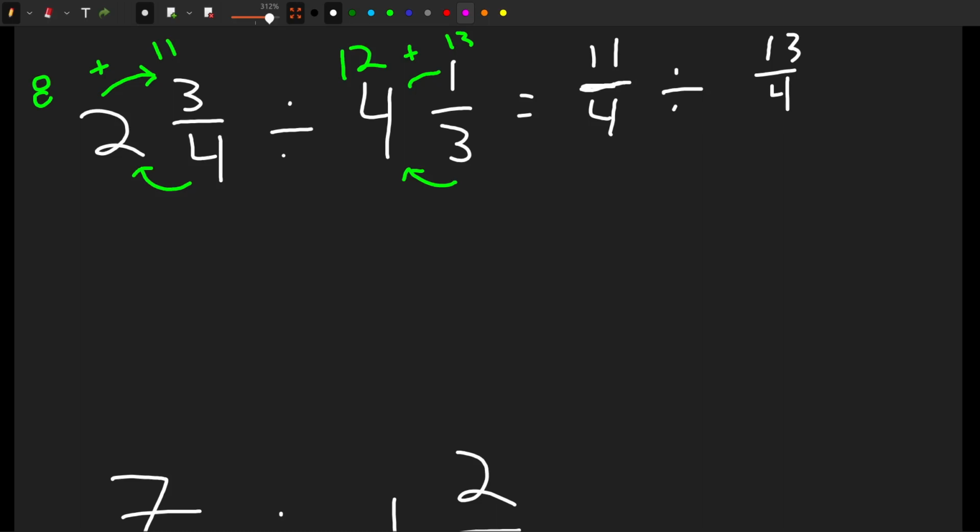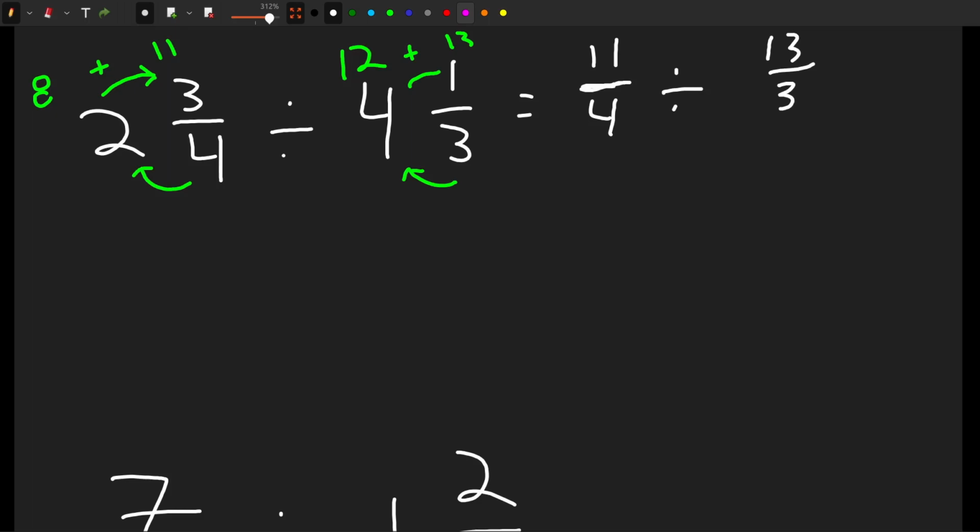Now in this case, oh sorry, not 13 over 4. 13 over 3. Where is my eraser? There's my eraser. 13 over 3. Nice.